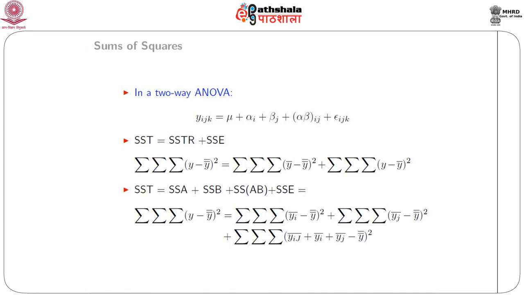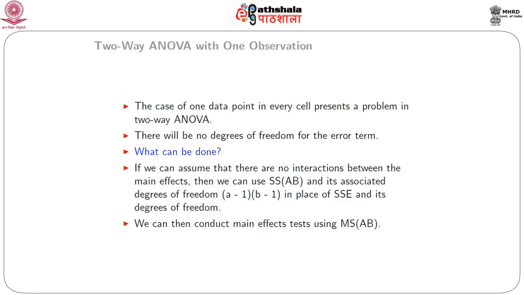The important thing here is that SST is SSTR plus SSE, and this can be seen very easily just by writing it out explicitly. Now, SST is equal to SSTR, which is split into three parts: SSA, SSB plus SSAB, and you can read the various hairy expressions with triple sums yourself.